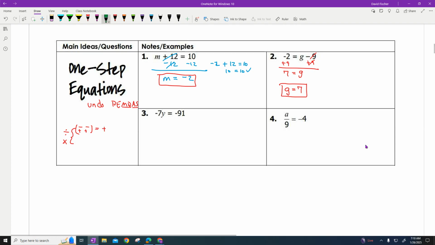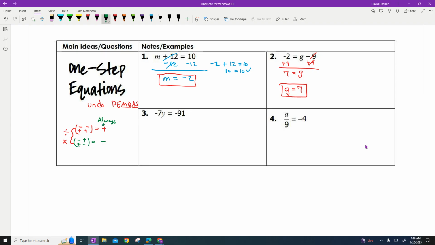Anytime I'm multiplying or dividing and my signs are opposites of each other, negative divided by a positive, positive divided by a negative, these are always going to equal a negative. This is a rule that by now you should memorize, okay?